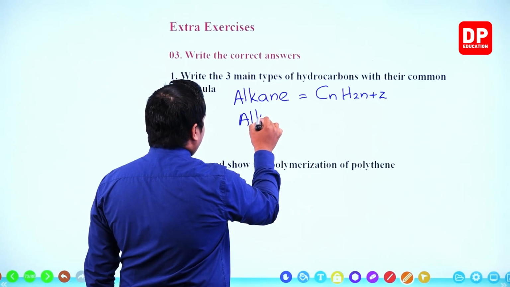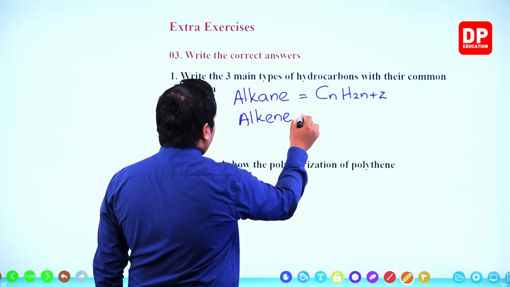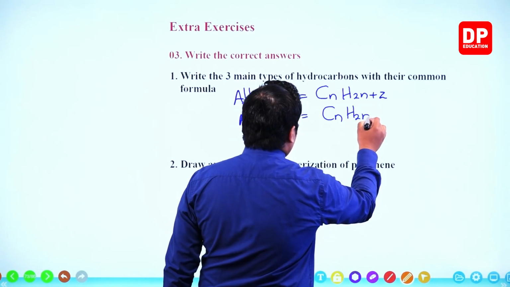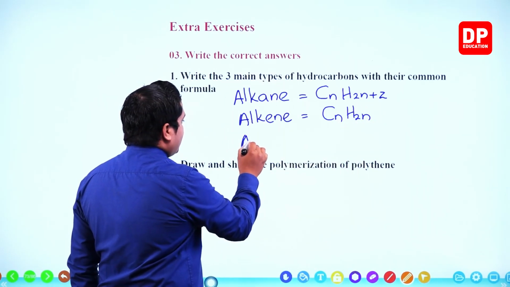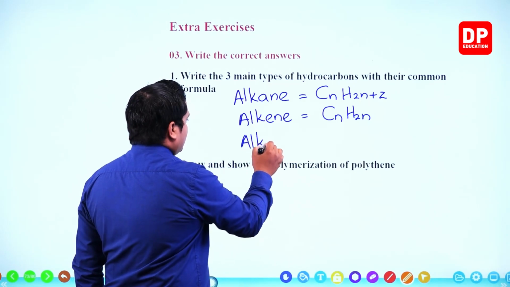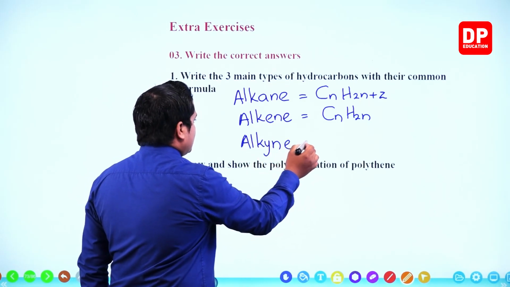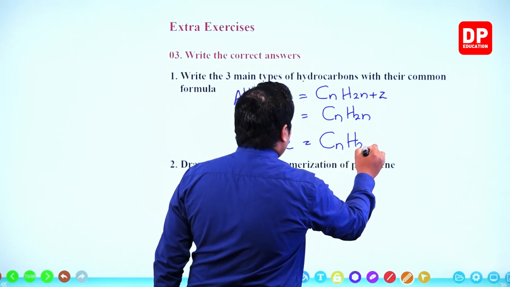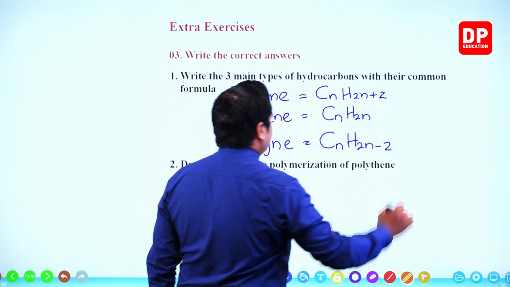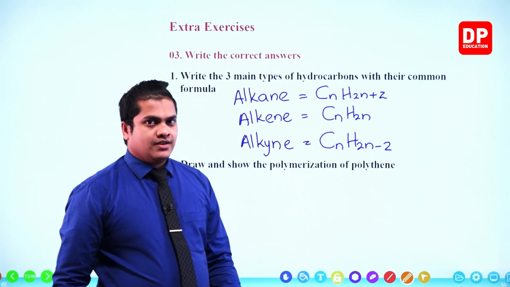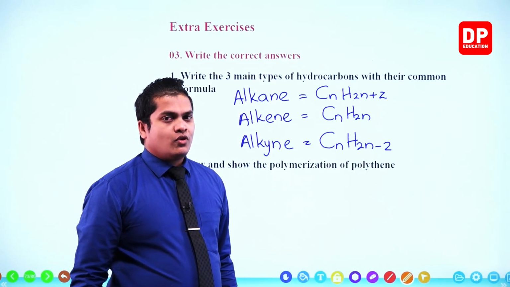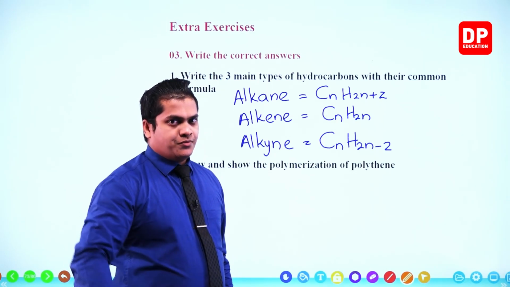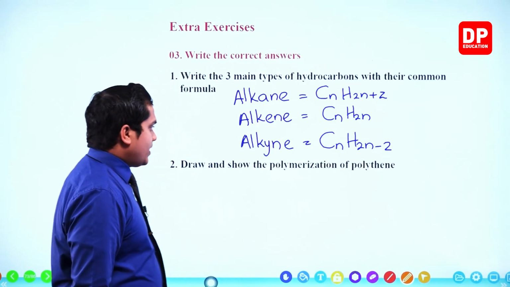Alkene, CnH2n. Then alkyne, my dear children. Alkyne goes by the common formula CnH2n minus 2. Okay, this is the common formula for alkyne.